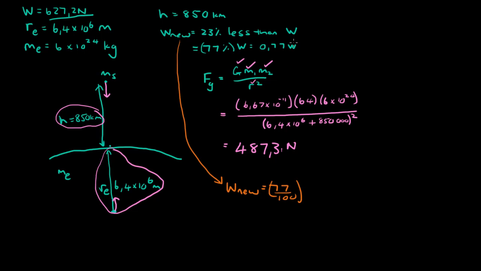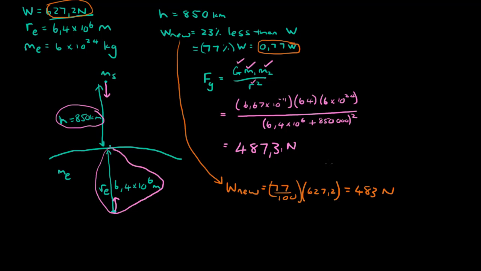Multiplied by that old weight, which is the weight on Earth, which is 627.2 newtons. And let's just put that into our calculator. 627.2 times 0.77, 482. You can round it up to 483 newtons.